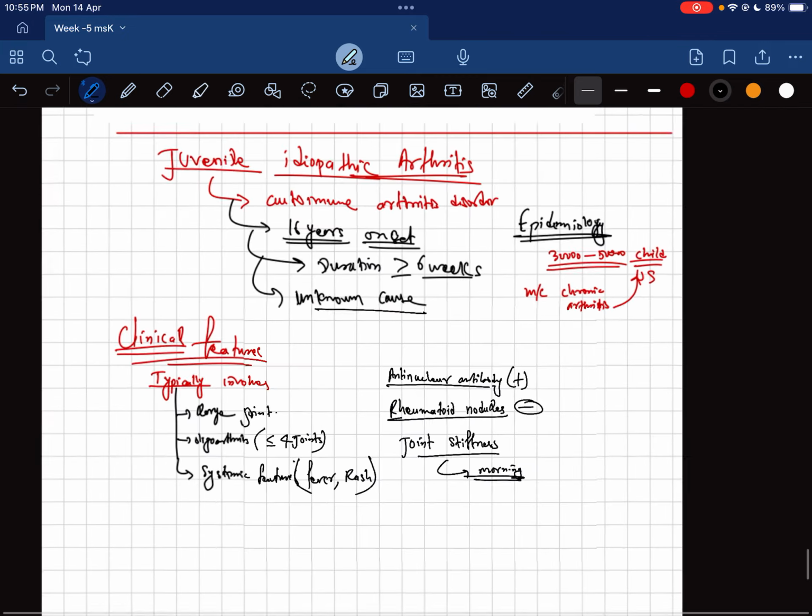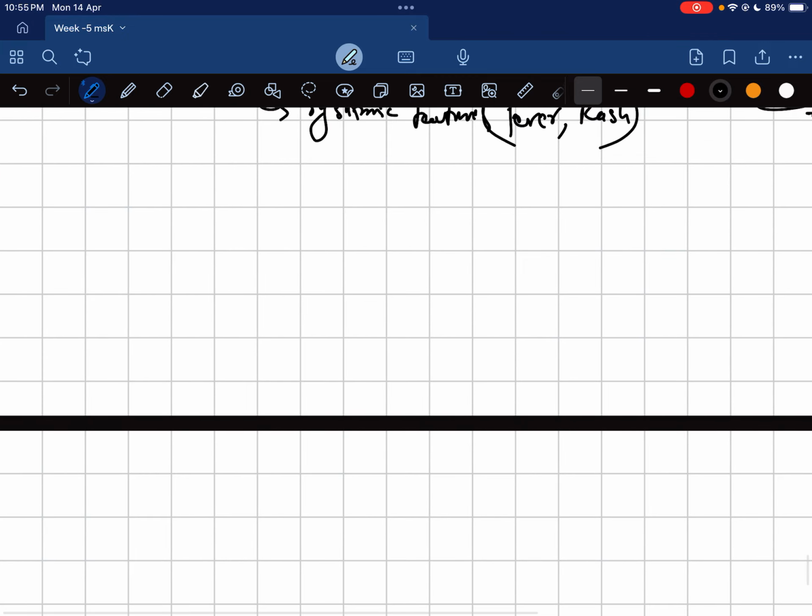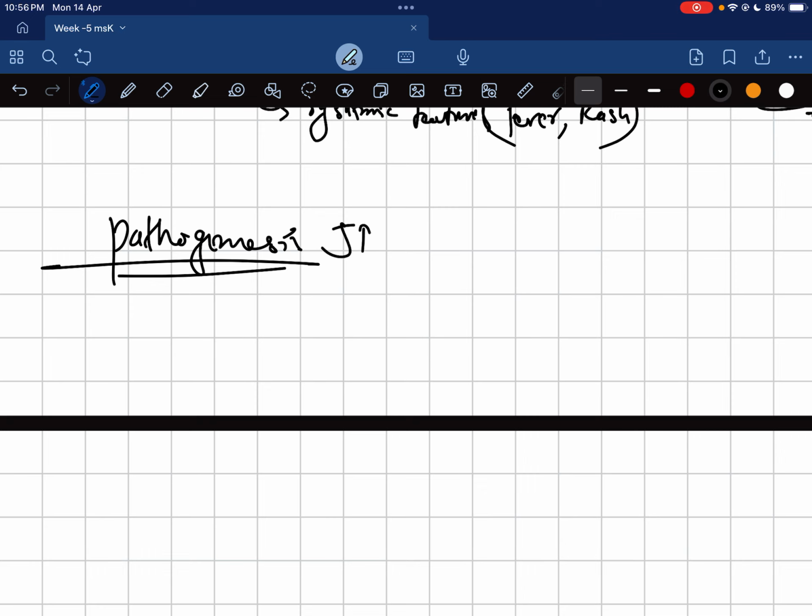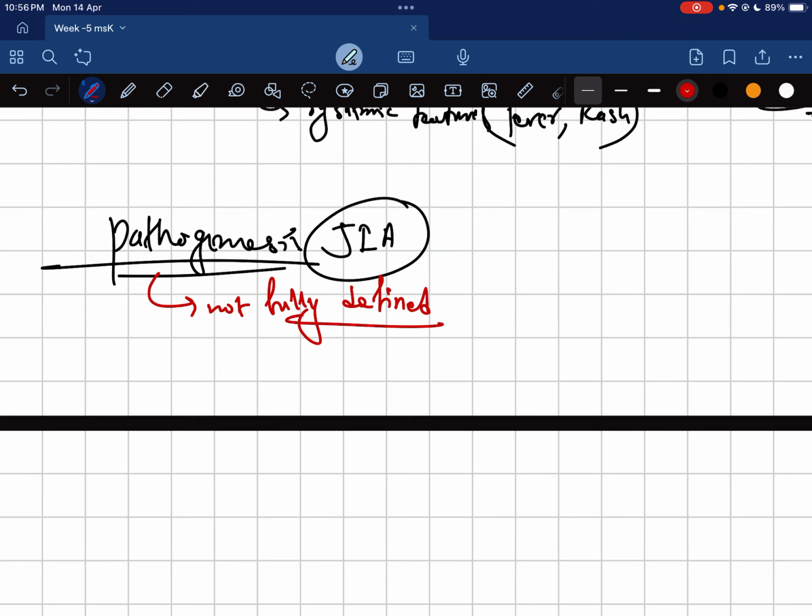Regarding the pathogenesis of juvenile idiopathic arthritis, it is not fully defined but shares rheumatoid arthritic features.